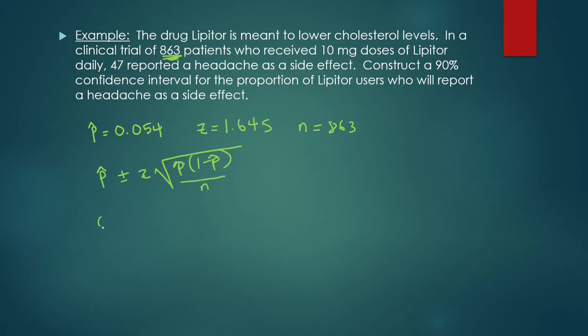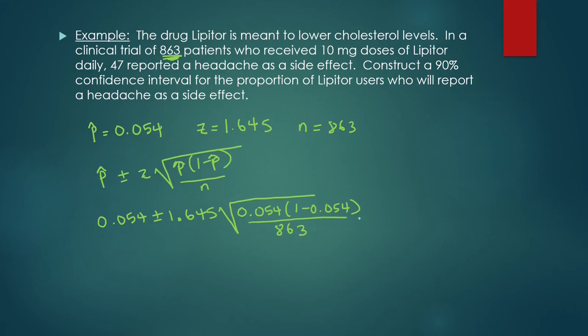P hat was 0.054 plus or minus 1.645 for z times the square root of 0.054 times the quantity 1 minus 0.054, and we're going to divide that by the sample size 863.